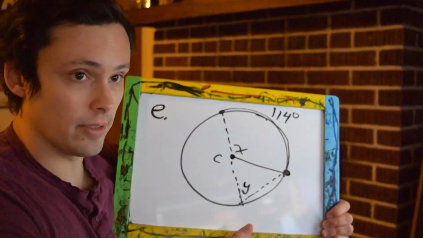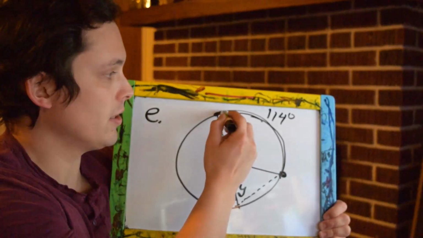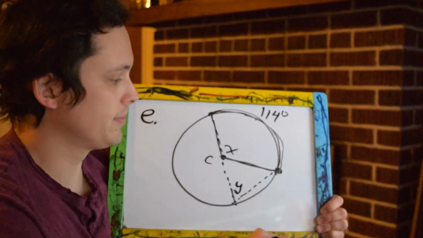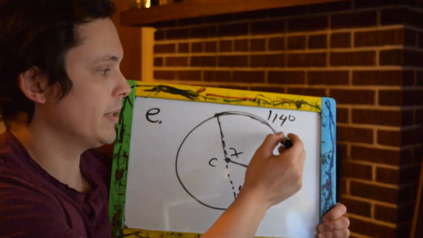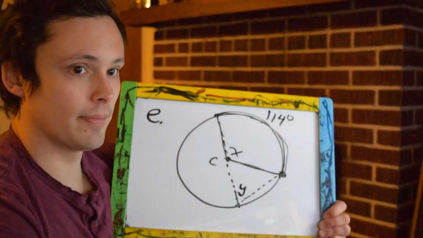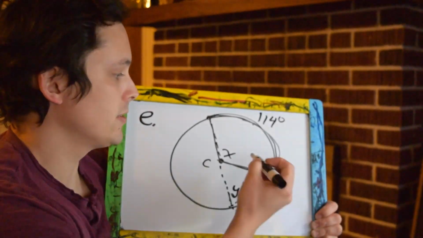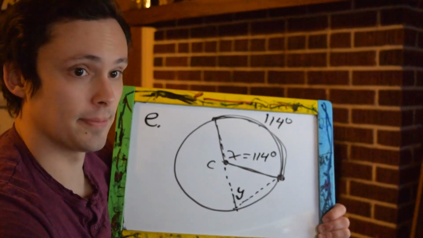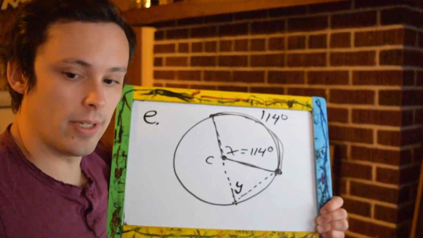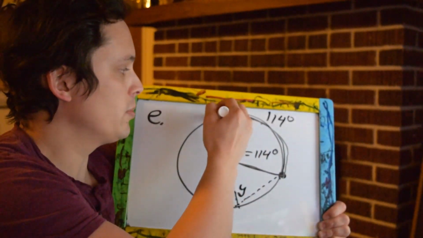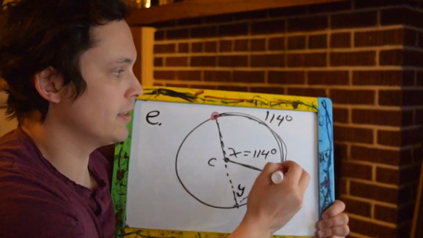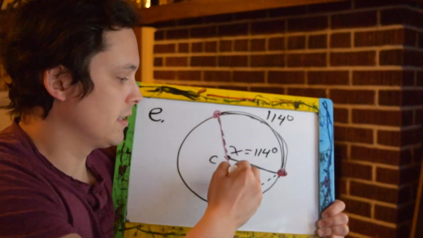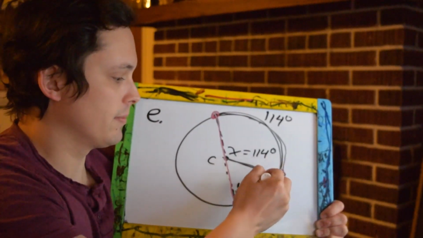The first thing I notice in this problem is that this arc connects to this central angle. Remember that an arc measure is the same thing as a central angle. So in this problem, x is 114 degrees. Now I want you to notice that these 2 points that form that 114 degree arc are then being connected to this point.